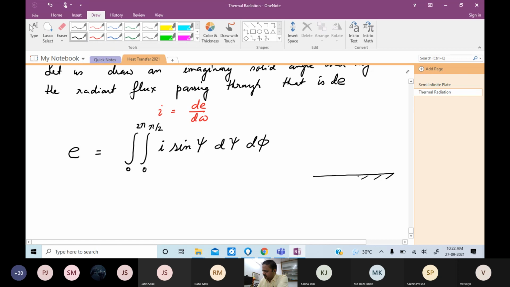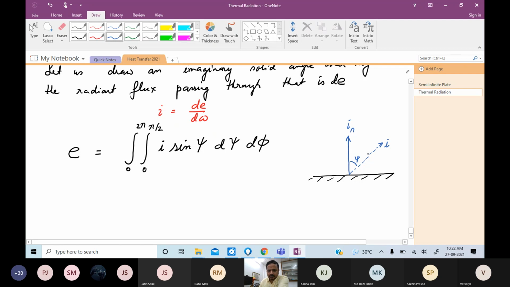I'll draw the surface again and I'll draw two directions. Okay. One which is normal to the surface, and I'll call that IN. One which is at an angle. Okay. One which is at a zenith angle psi from the normal.